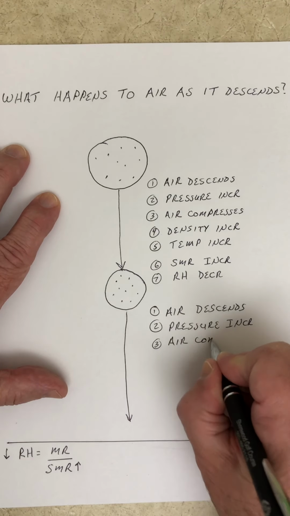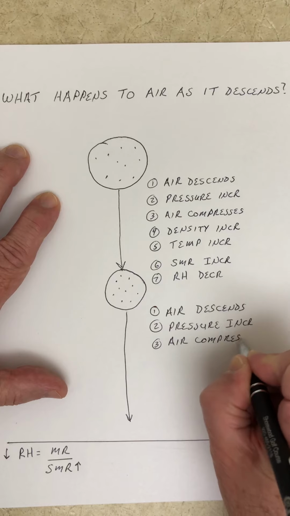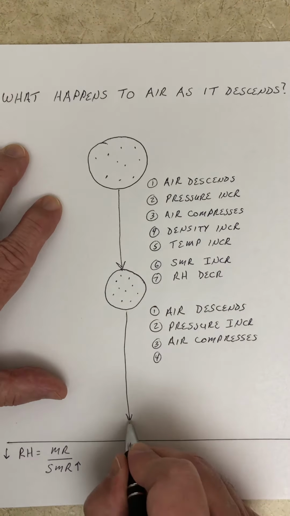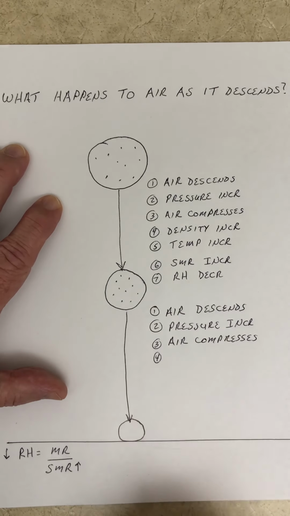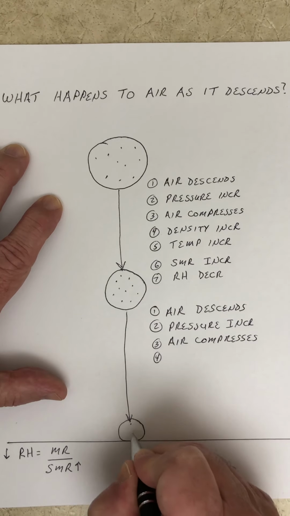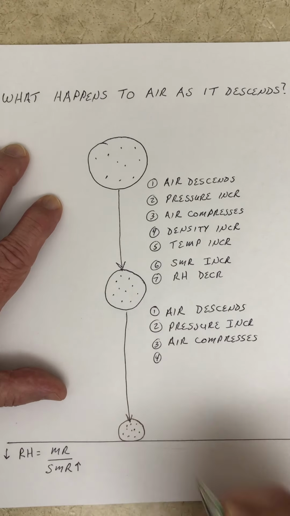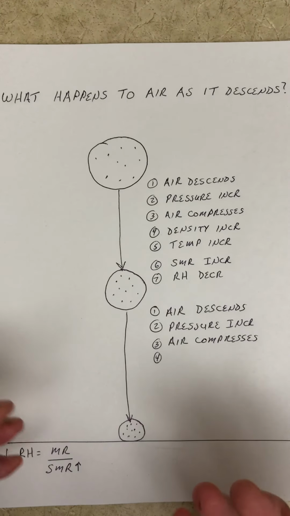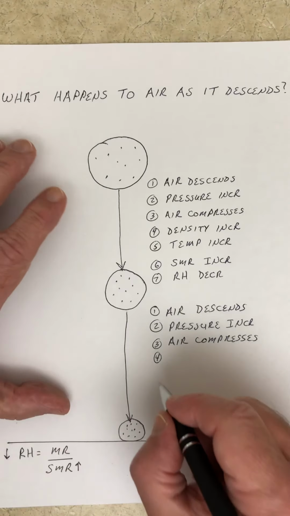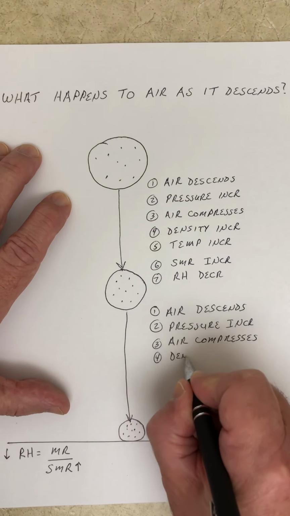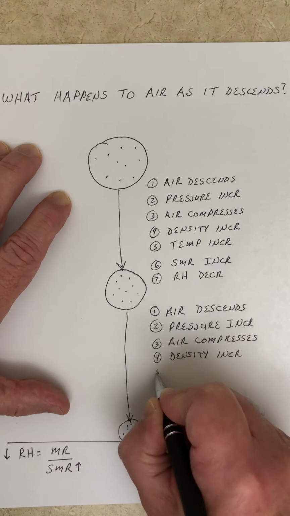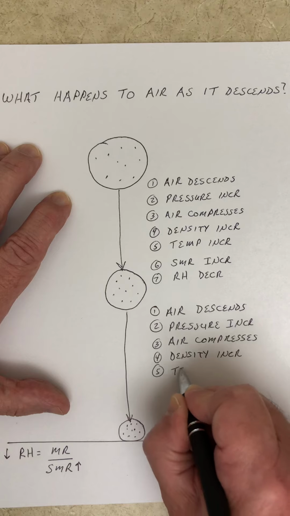The air compresses. When you compress the air, that air parcel is going to be smaller, still containing 10 molecules of air. 1, 2, 3, 4, 5, 6, 7, 8, 9, 10. Now those 10 air molecules are in a smaller volume, so the density is going to increase. When the density increases, the temperature is going to increase.